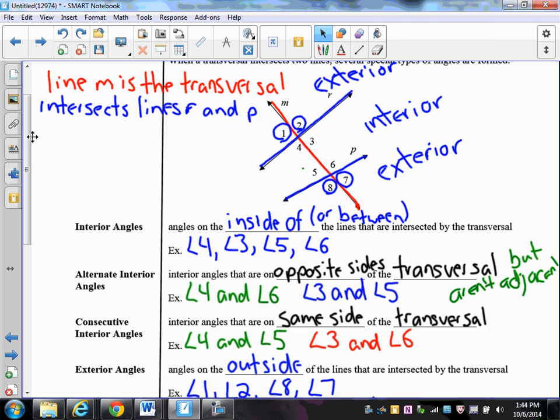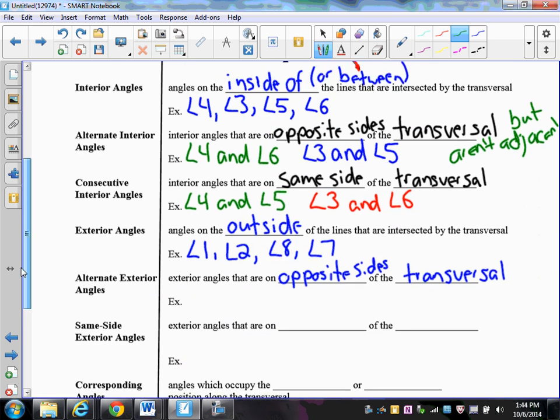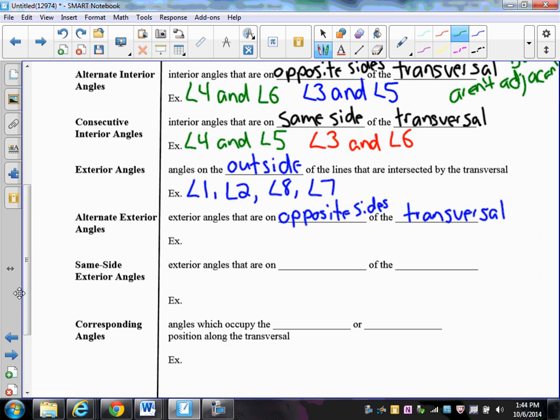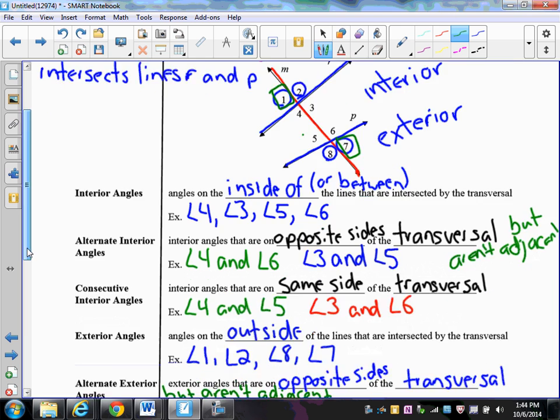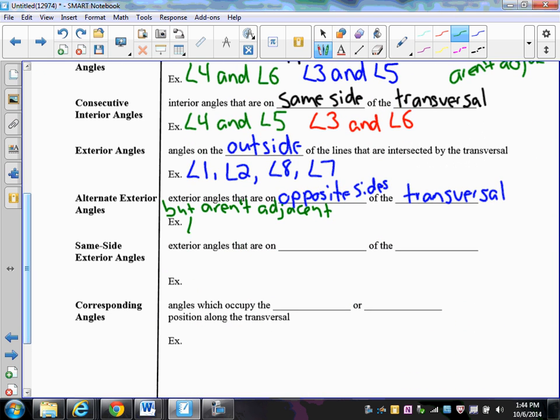So if I take a look at these again, I have angle 1, and we might be tempted to say angle 2, but again, just like with our alternate interior angles, they aren't adjacent. Remember, adjacent means next to, so they're not next to each other. So if I have angle 1, I need to go on the other side. That's either going to be 2 or 7. Since 2 is adjacent, that means angle 1 and angle 7 are alternate exterior angles.